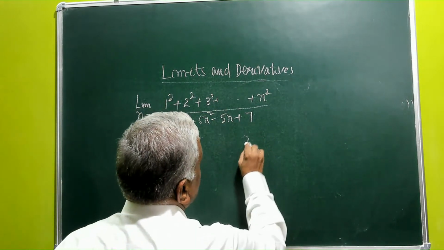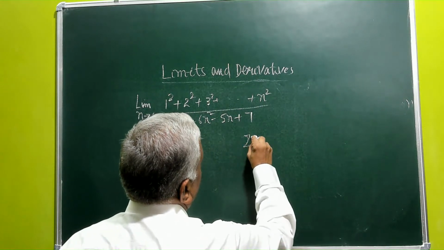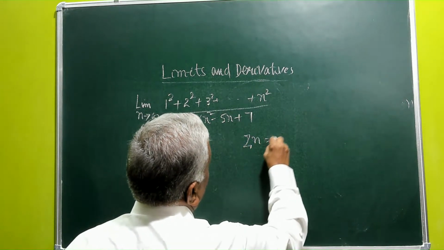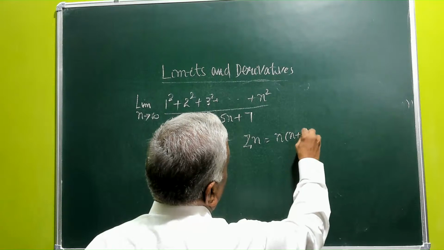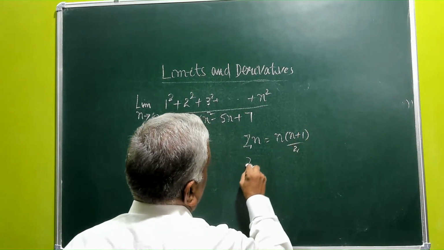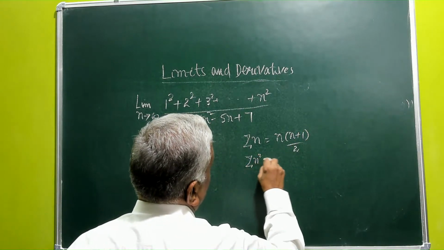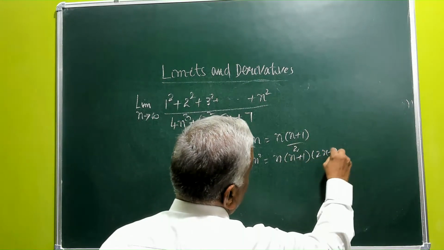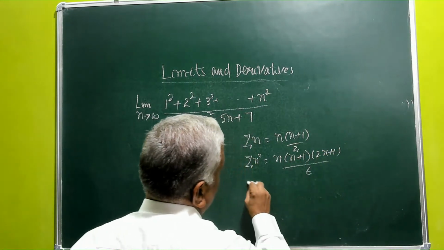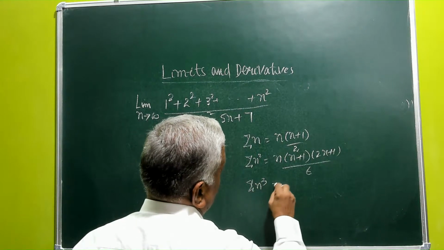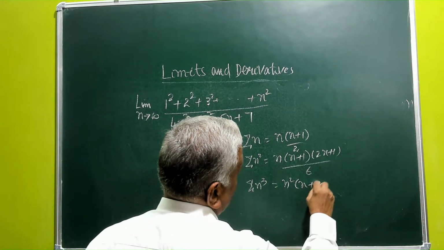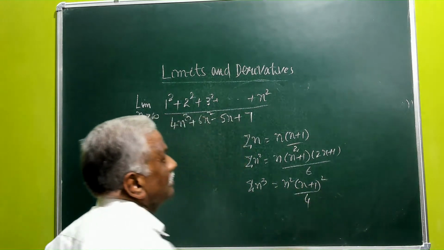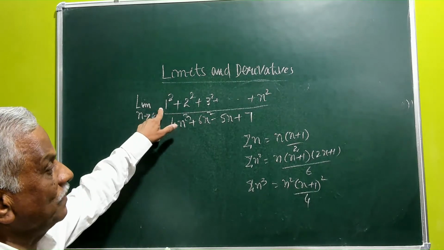So you should remember these formulas. Sigma n is n into n plus 1 by 2. Sigma n square is n into n plus 1 into 2n plus 1 divided by 6. Sigma n cube is n square into n plus 1 whole square by 4. So this is sigma n square.